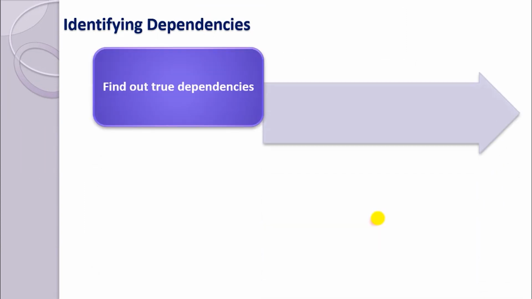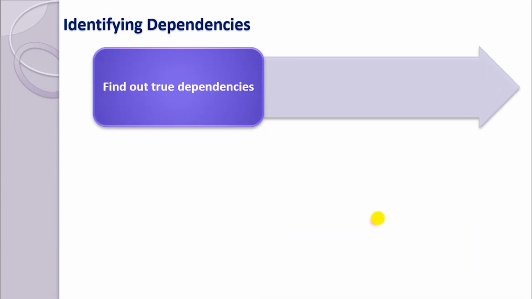First, you need to find out true dependencies. For example, we are talking about a website project. Nowadays projects are very complex. We are handling one part, but due to certain conditions, for cost or budgeting reasons, the client can give the content part to another person or another vendor.